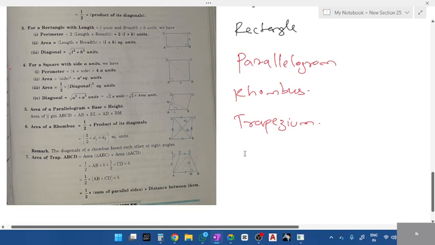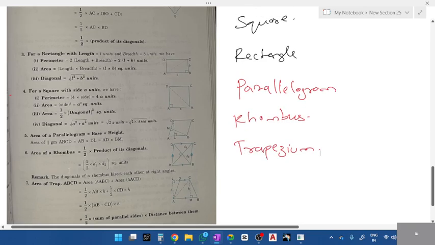Okay, trapezium, and there's kite. No, kite is not there. Parallelogram, trapezium, and normal quadrilateral. There's a normal quadrilateral, even that I'll explain. Okay, first square. Can you see square here, the fourth one? Go through all this: 4 into sides.